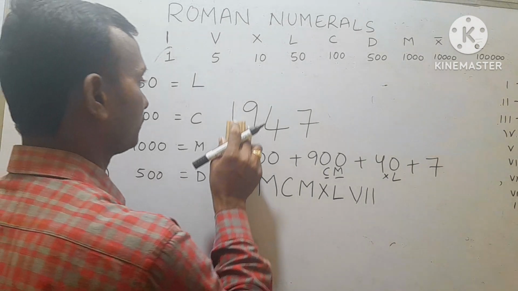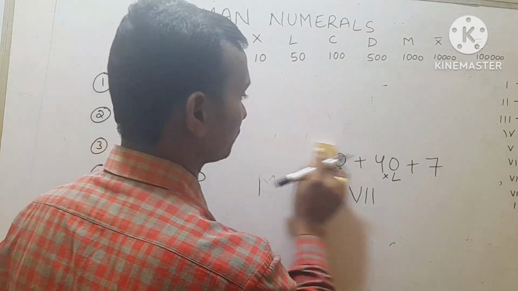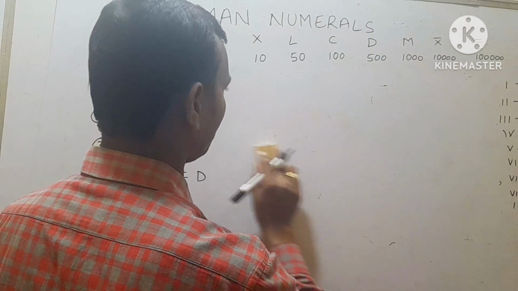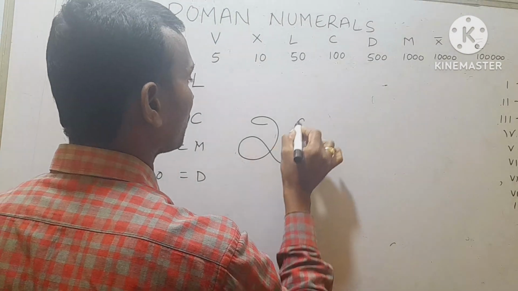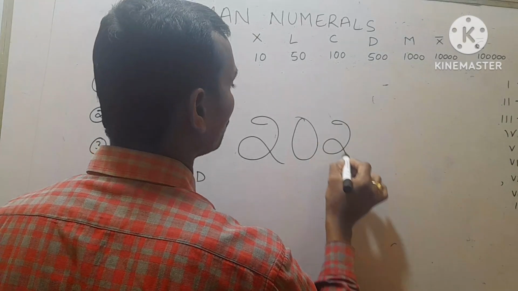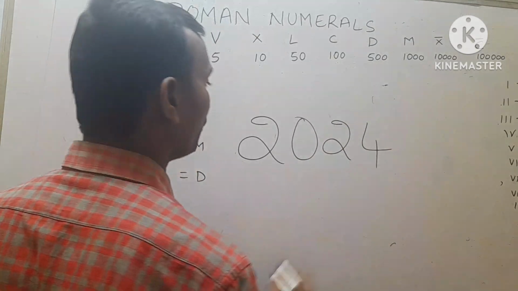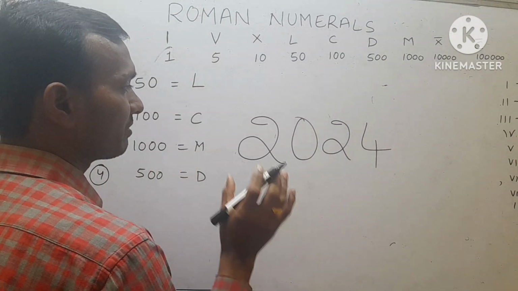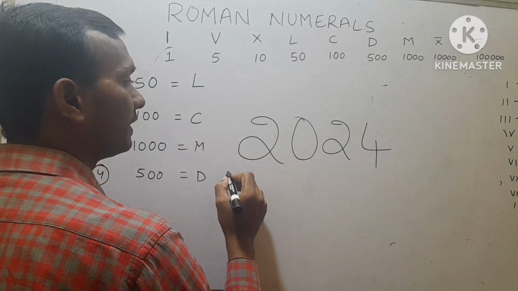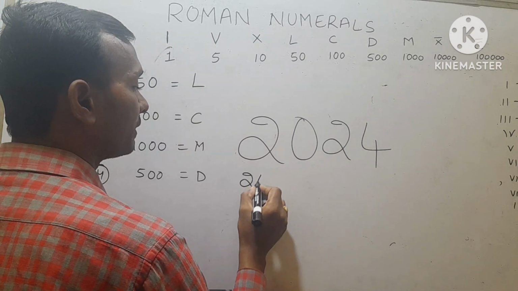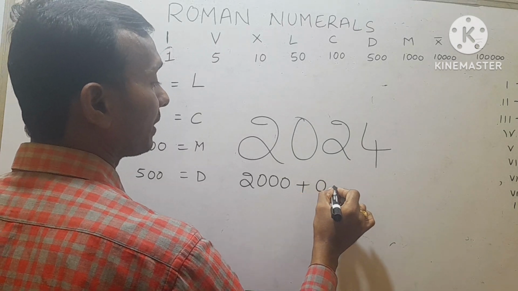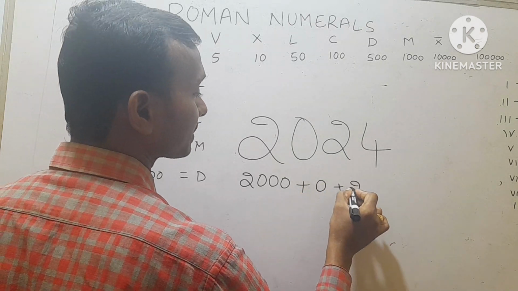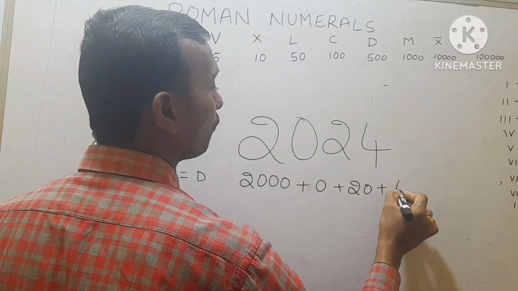Next question. 2024. First we will write the expanded form of the number. 2000 plus 0 hundreds, 2 tens and 4 ones.